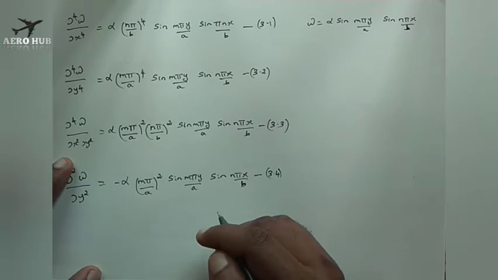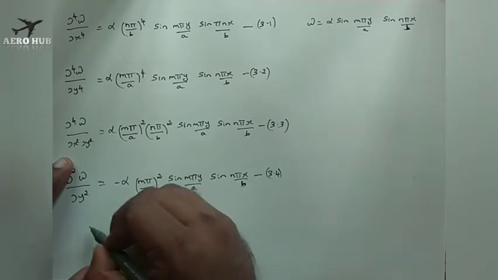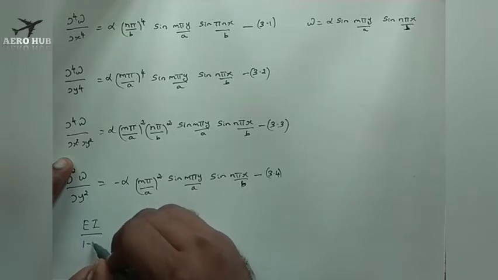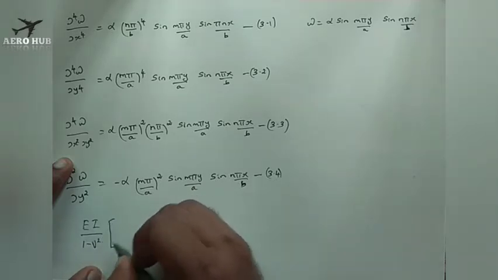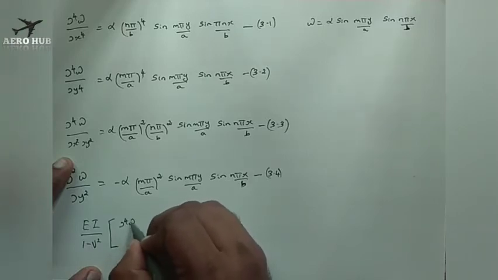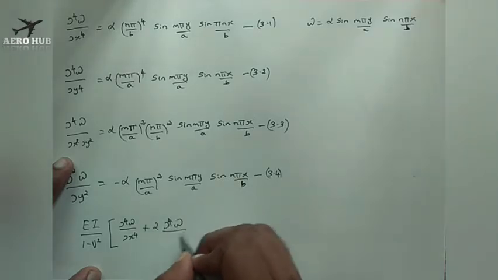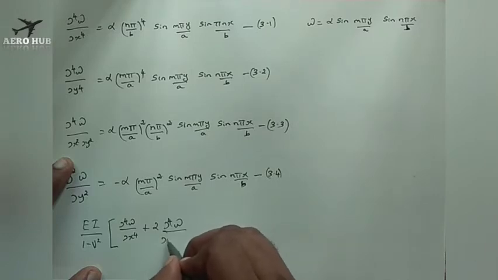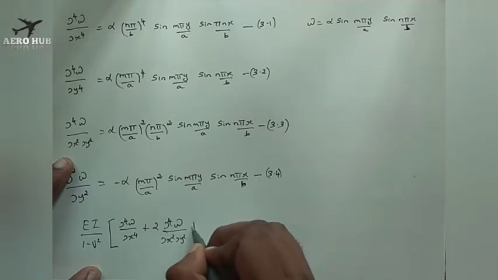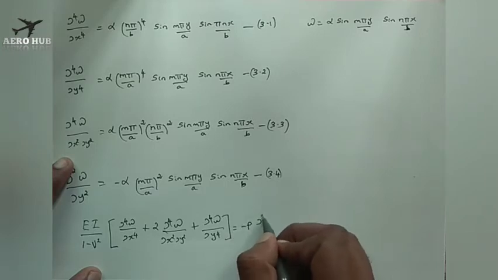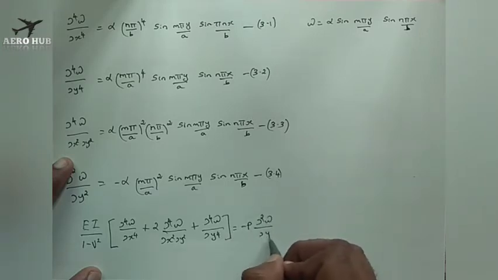You can see that equation number 1 is nothing but EI/(1 − μ²) times (∂⁴ω/∂x⁴ + 2 ∂⁴ω/∂x²∂y² + ∂⁴ω/∂y⁴) equal to −p ∂²ω/∂y².